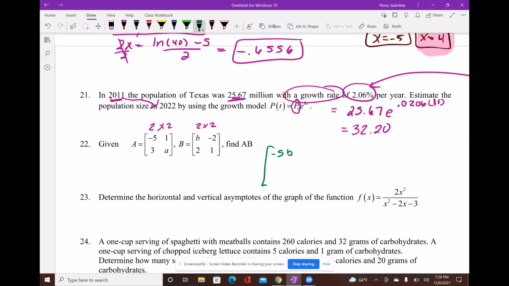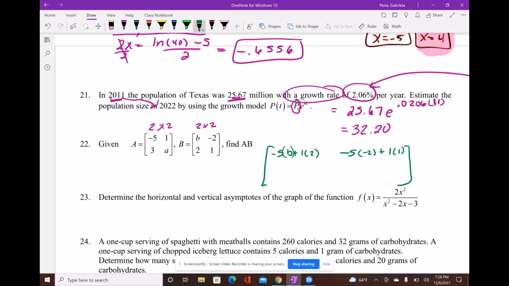No, it's because they have B and A. All right, we're multiplying, and even though it has the variables there, so we have -5 times B plus 1 times 2. -5 times -2 plus 1 times 1.